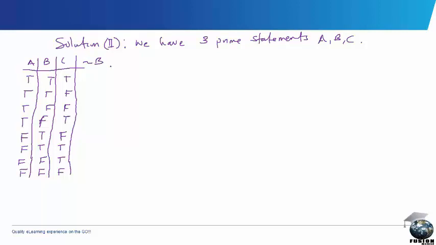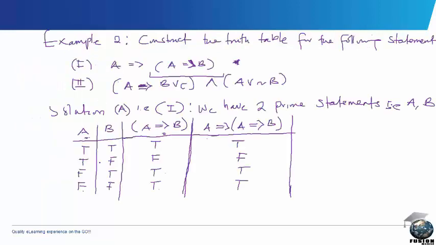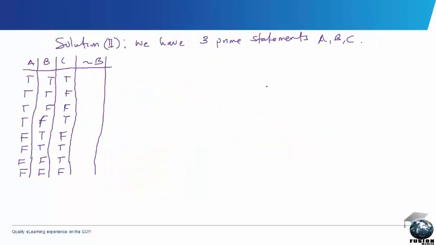Okay, so we kick off by finding the negative of B. Sorry, the equation is not on this page, but I'll go back so you see the equation. Alright, so we'll find out the negative of B because it's in this equation. And then what is negative B? Wherever you have true, it turns to false, and wherever you have false, it turns to true.